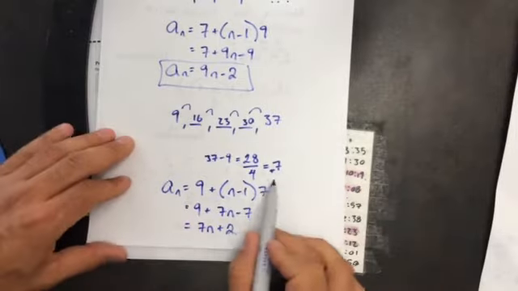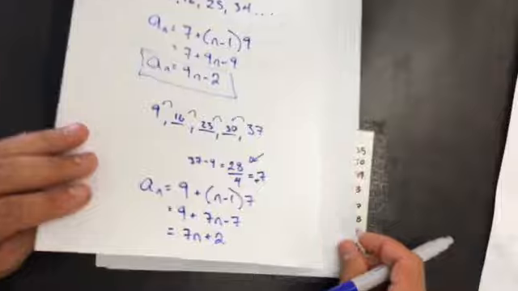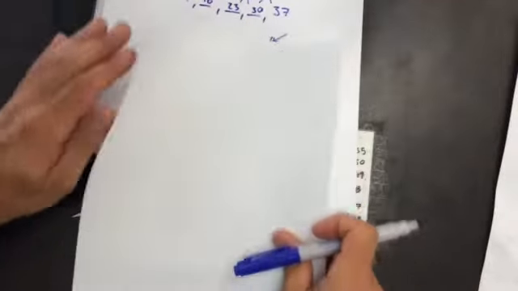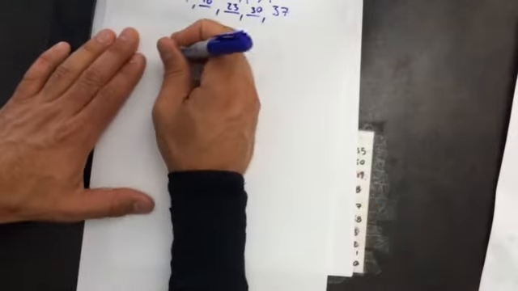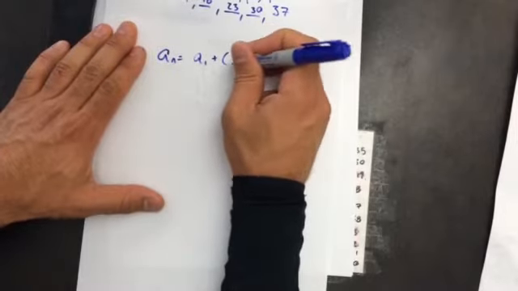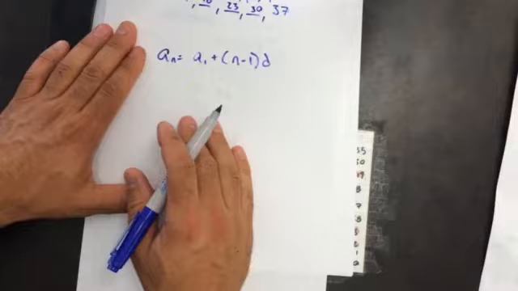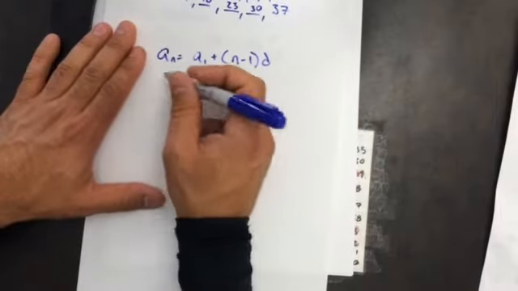Now let's say you didn't want to go this way to try to figure it out. You can still use the rule, just without the values. So I'm going to use this same rule, just pretend that those blanks are still there. And I'm going to say a sub n equals a1 plus n minus 1 times d. Now I'm trying to solve for d because that's the only value that I don't know.